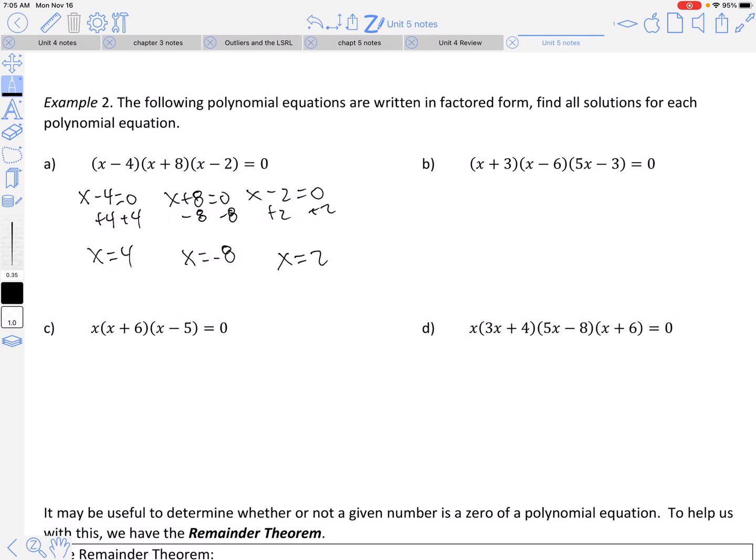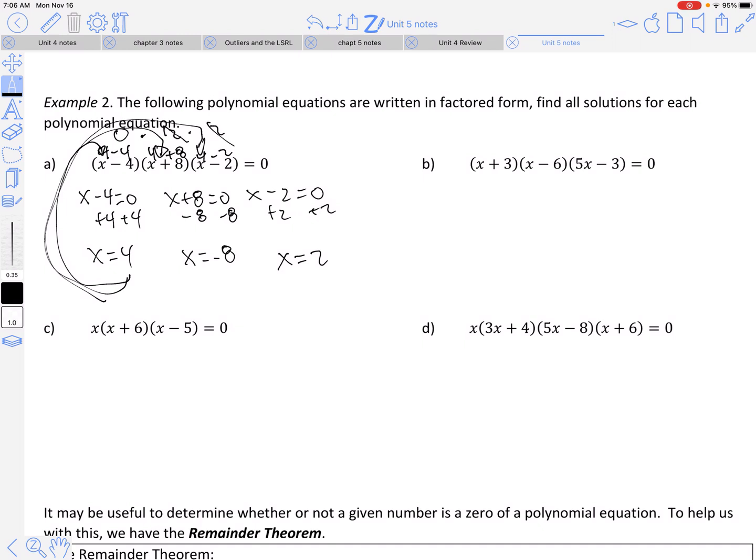Now look real quick. If I take this 4 and I put it in for x, it's not going to give me 0 in every single one, right? So 4 minus 2, 4 plus 8, 4 minus 4. That's going to give me 0 times 4 plus 8 is 12, times 4 minus 2 is 2. 0 times anything is 0, right?